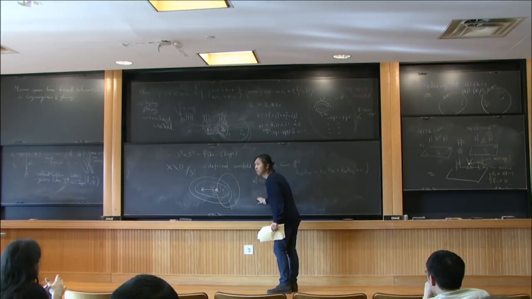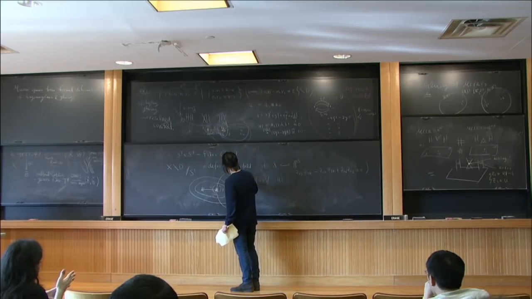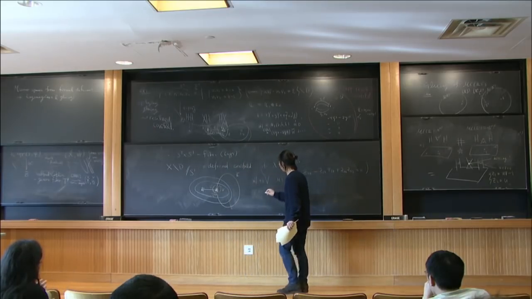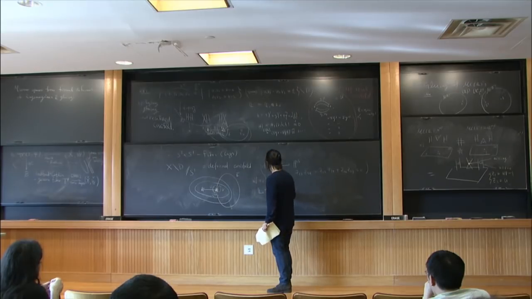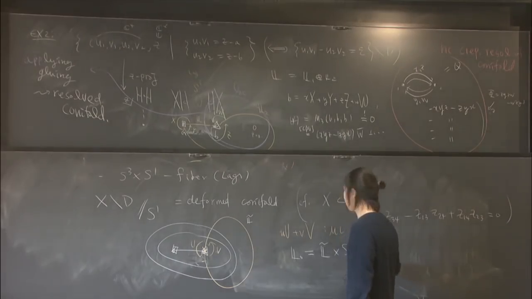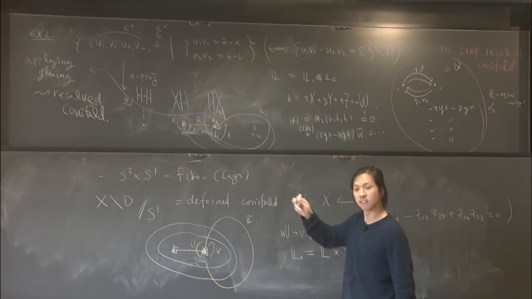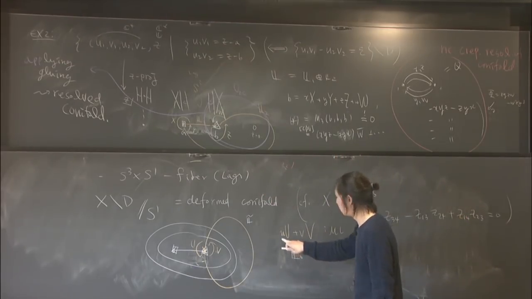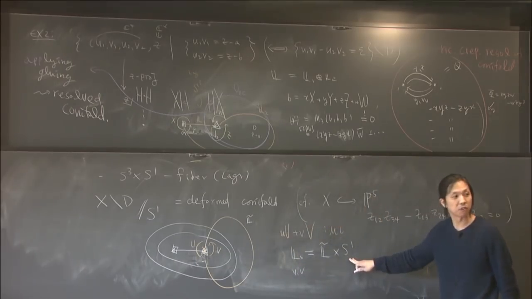Okay, so let me slow down a little bit. So this is my L tilde, and I choose L0 to be this guy, L tilde times S1, which is a Lagrangian in the total space X. And then I turn on this boundary deformation, or Maurer-Cartan elements, which are U and V, and I have an additional S1 direction here.